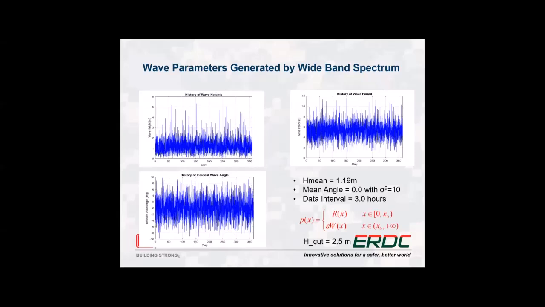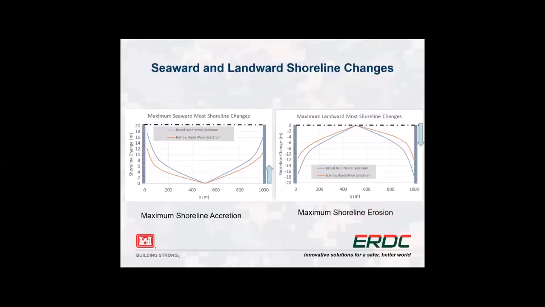And so running that through the Monte Carlo model, the maximum shoreline change with the various spectrums was pretty significant. Depending on what waves are selected and the order of the waves, you can get a significant difference in your end result.